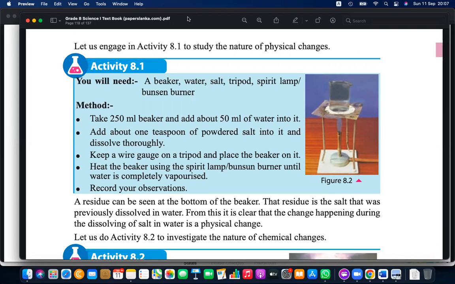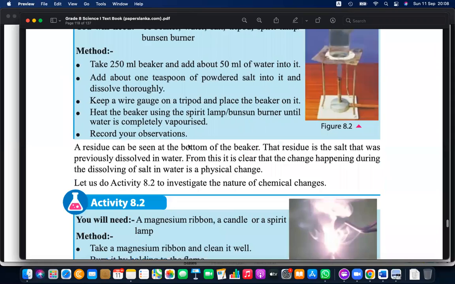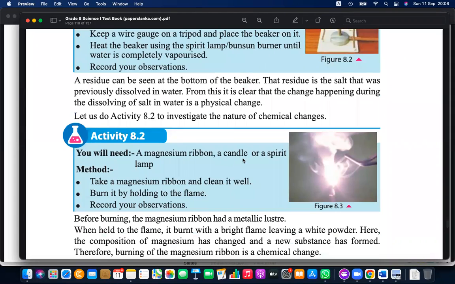It will become a white powder. It reacts with oxygen, and as a result magnesium oxide is formed. This is that practical. You can use a magnesium ribbon and a spirit lamp. Don't hold it in your hand, use tongs.